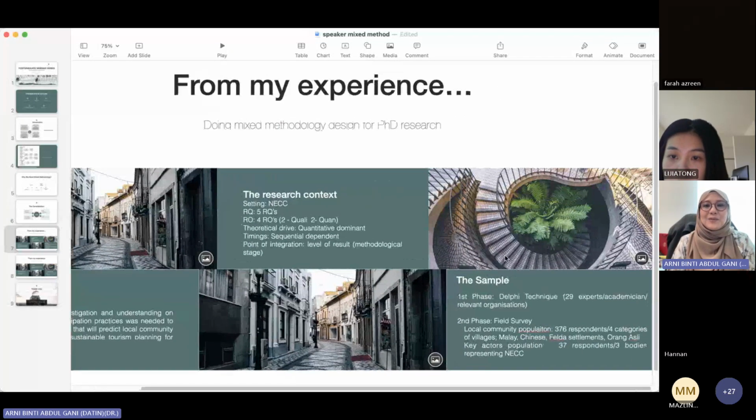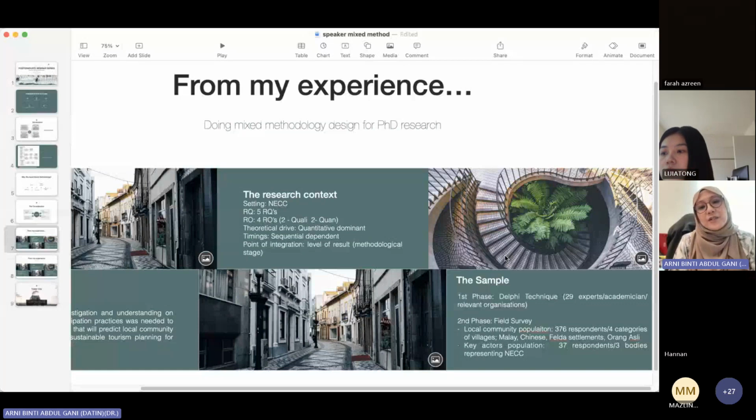In terms of sample, it was one kind of experience to come up with a sample itself, not even considering conducting the study at that point of time. For the first phase, in my case, I used the Delphi technique. Some of you might have heard of it, some might not, but the Delphi technique is one technique in qualitative research.